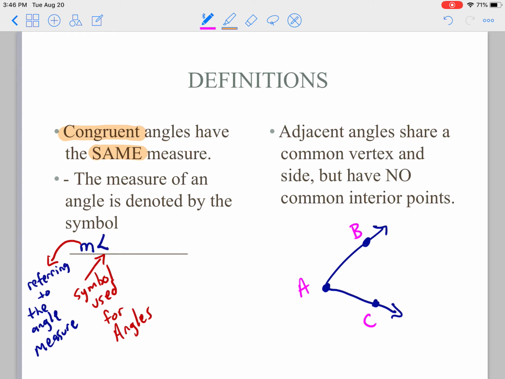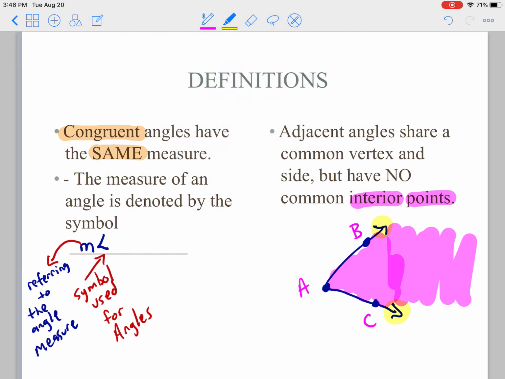Now a couple things that I need to clarify. First, interior points. Interior points will be all the points located inside of this angle. And remember that these arrows denote the fact that these rays go on forever.